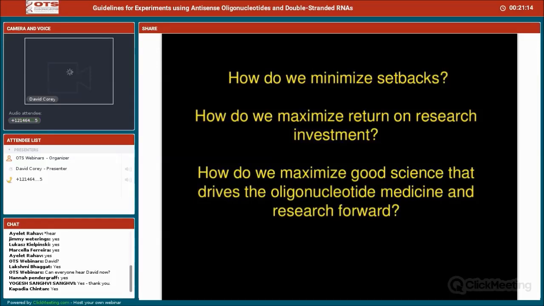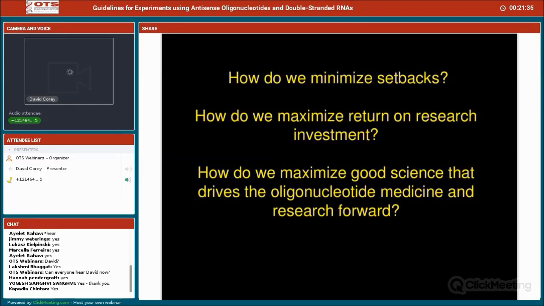And I think this final question is key: how do we maximize good science that drives oligonucleotide medicine and research forward? That's a serious question for the field because we don't have the luxury of just meandering forward with a business-as-usual approach.